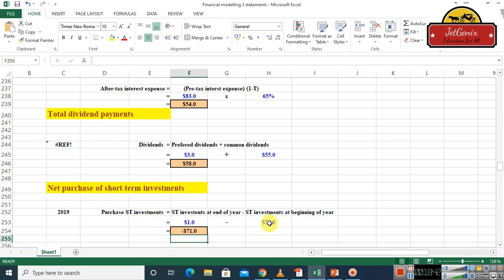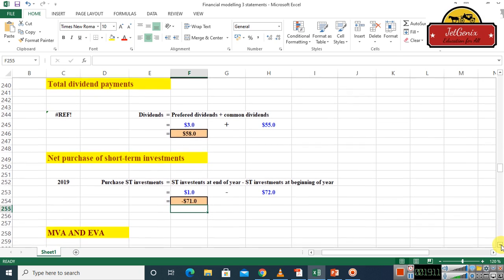Because at the end of 2018, you had short-term investment of 72 million, and now at 31st December 2019 we have short-term investment of only 1 million, which means that 71 million worth of short-term investment has been converted into cash. The short-term investment has decreased. This is the amount which you have converted into cash, or invested somewhere else.